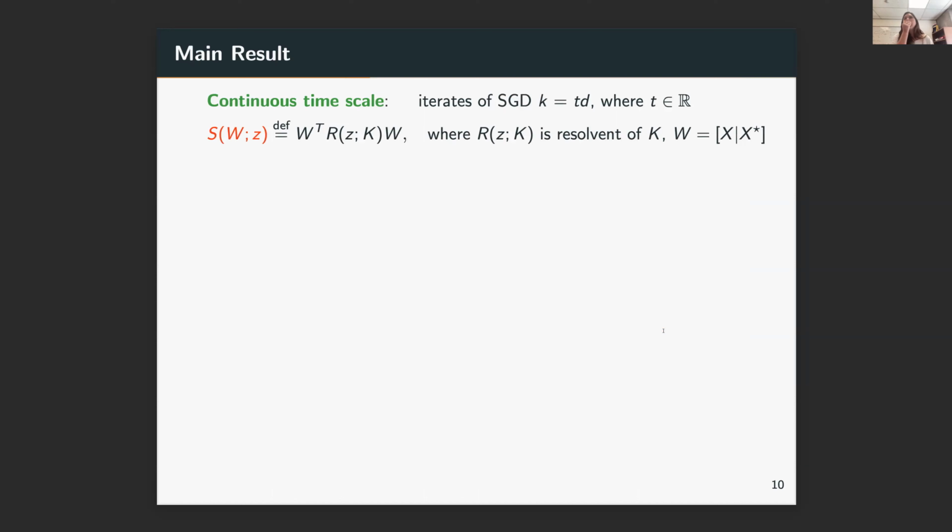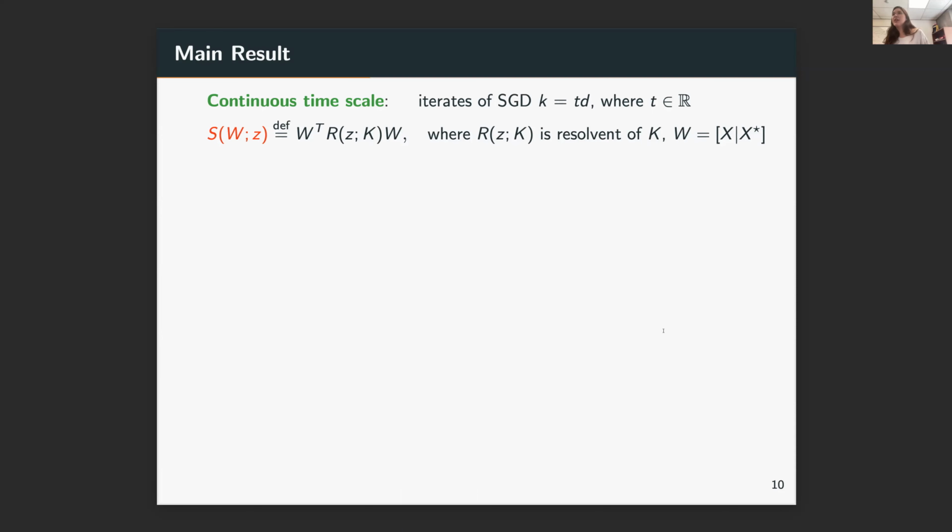Okay, so here's where I have to deviate a little bit from gradient descent. In order to do SGD dynamics, you actually have to change time. The reason is that a full gradient is of order D size, so it's in a bigger space.